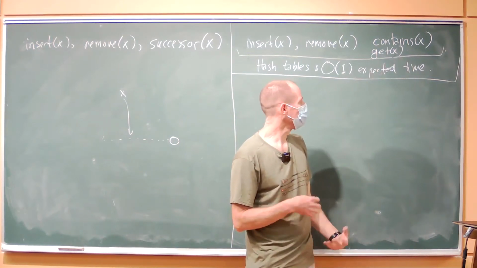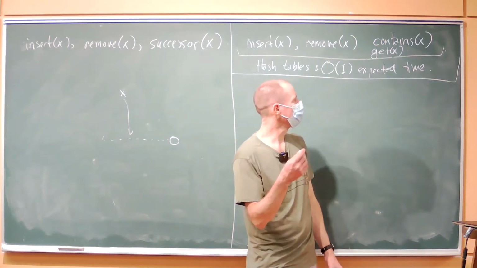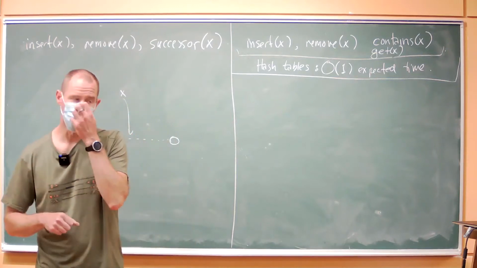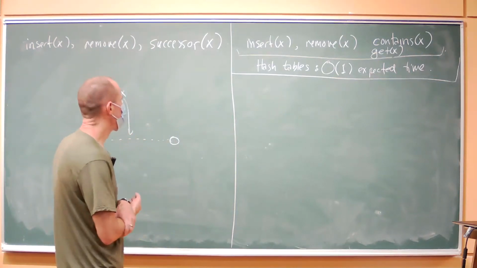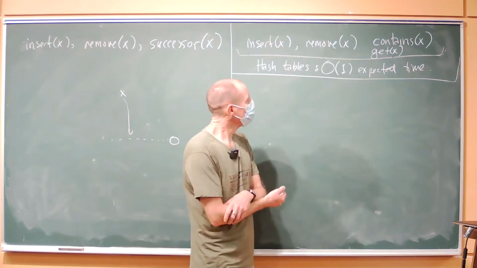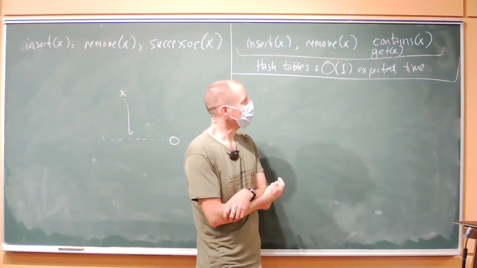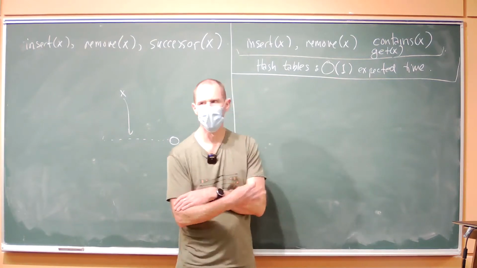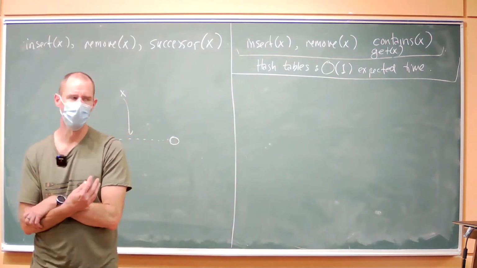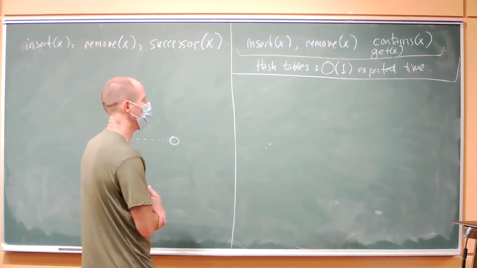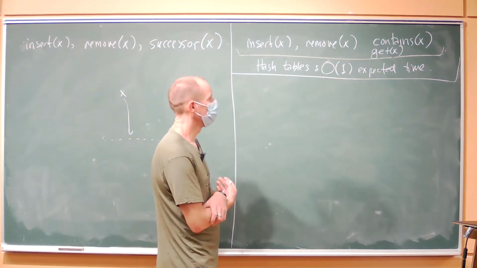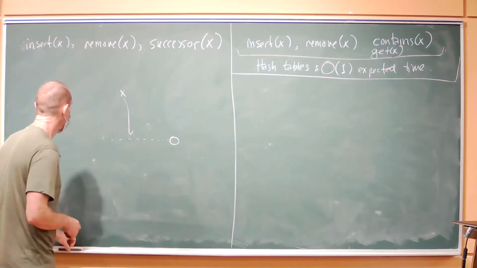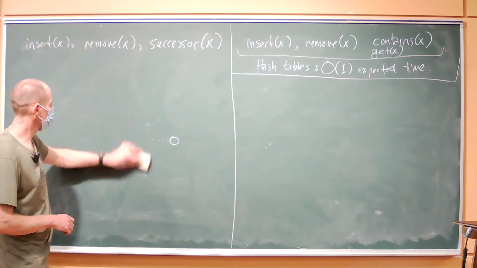And later, after I've stored it, I can ask you for the value associated with X, and you get that in constant expected time. We're going to use that. Sort of like arrays. I mean, arrays can do that, but only in the case where X is an integer between 0 and the length of the array minus 1. Hash tables kind of extend that to arbitrarily big integers.